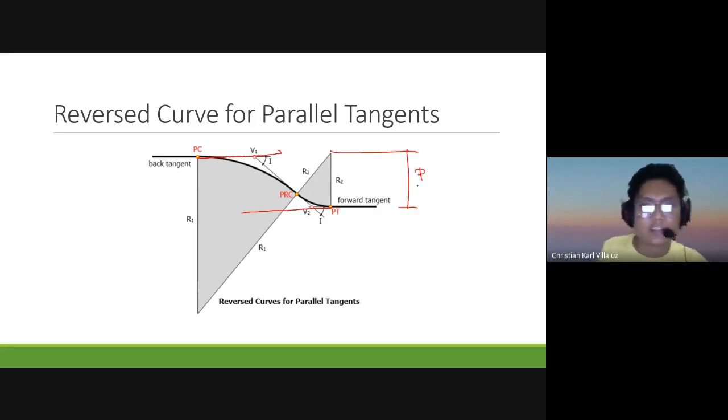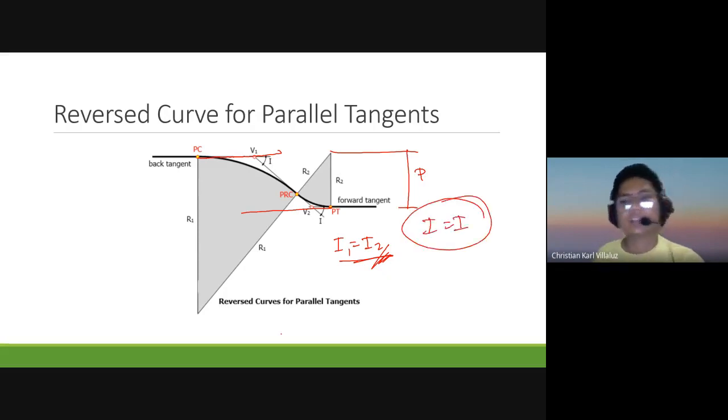So, may parallel distance yan. And sa reverse curve na merong parallel tangents ay laging parehas yung kanilang angle of intersection. Okay? So, parehas lang ang angle of intersection sa reverse curve with parallel tangents. So, pagdating sa radius, pwede magkaparehas din, pero pwedeng hindi din. Pwedeng hindi. So, dito, laging parehas ang angle of intersection.